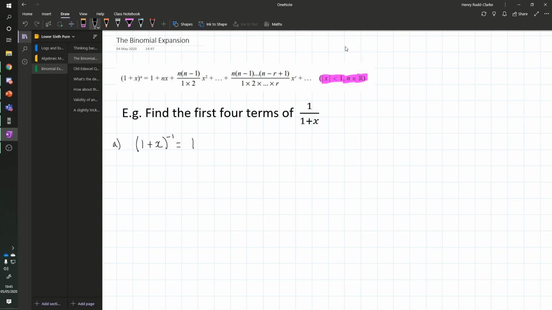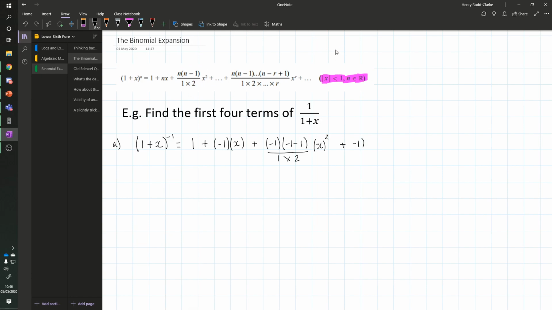So the first term is 1, the second term is nx, so n is minus 1, and x is just x. The next one will be minus 1, times minus 1 minus 1, over 1 times 2, multiplied by x squared. Then for the next term, we have to do a little jump and think about what it would be.